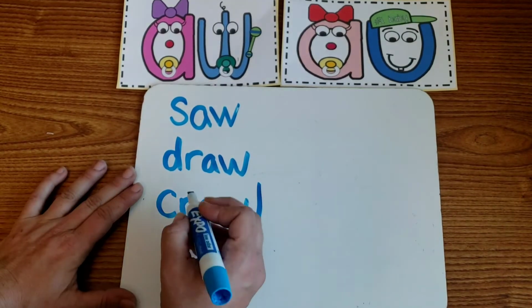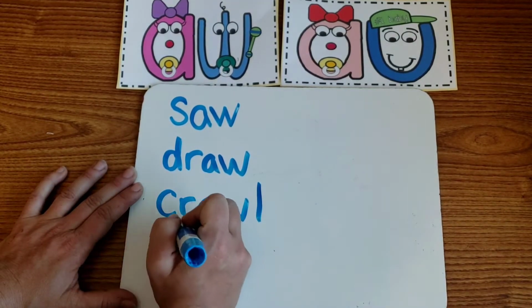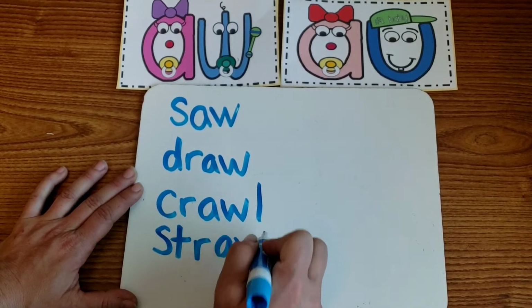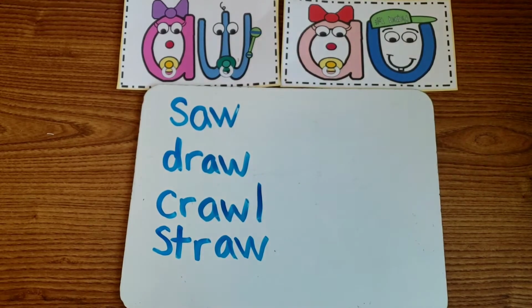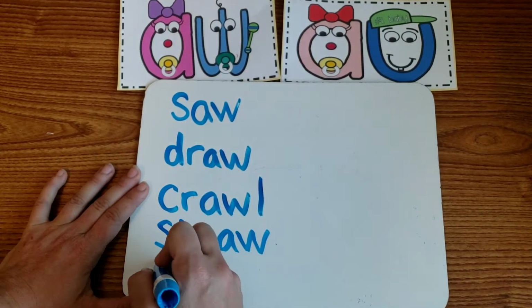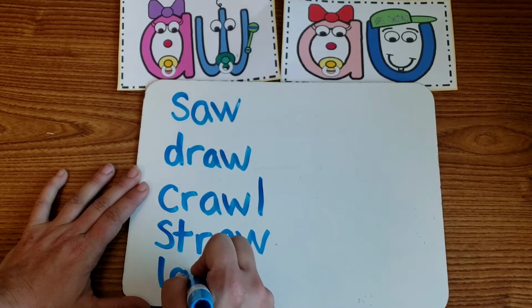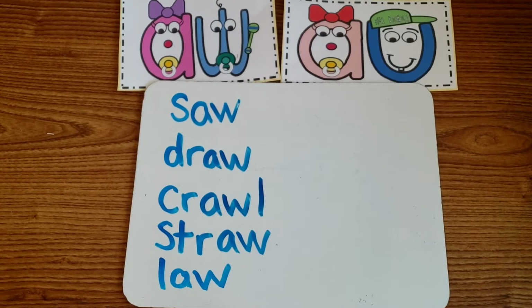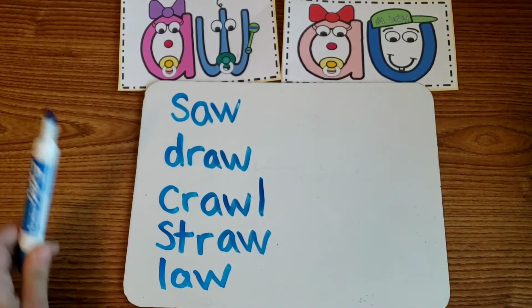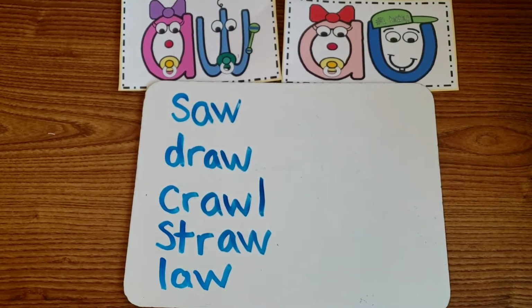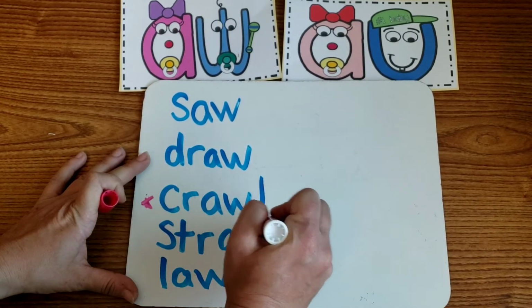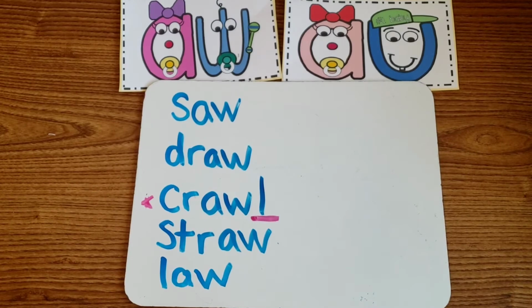Next we have straw. And then our "aw" at the end of the syllable, so we know it's AW. Next we have the word law. Don't do that. It's against the law. Again at the end of the syllable. So in all of these words so far, I hear "aw" at the end, except for this one, and that is because of the L that it ends in, right?